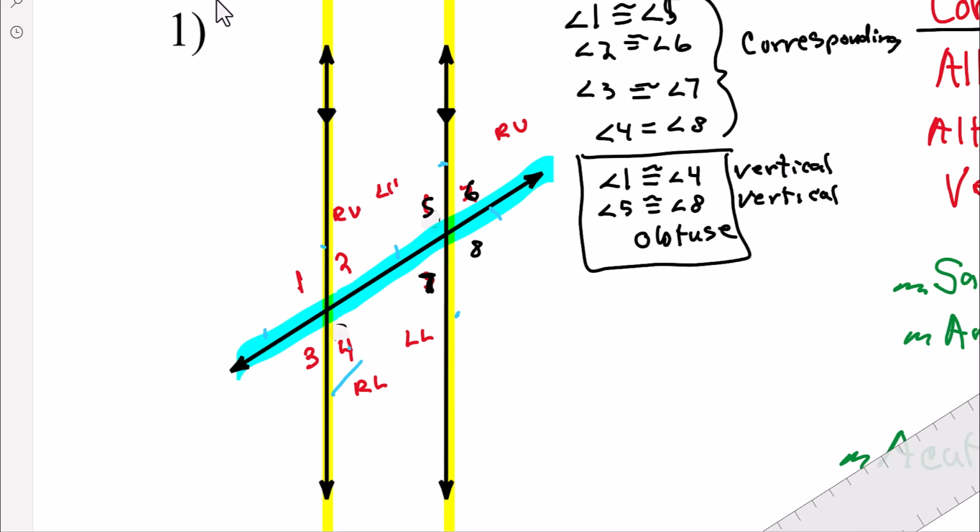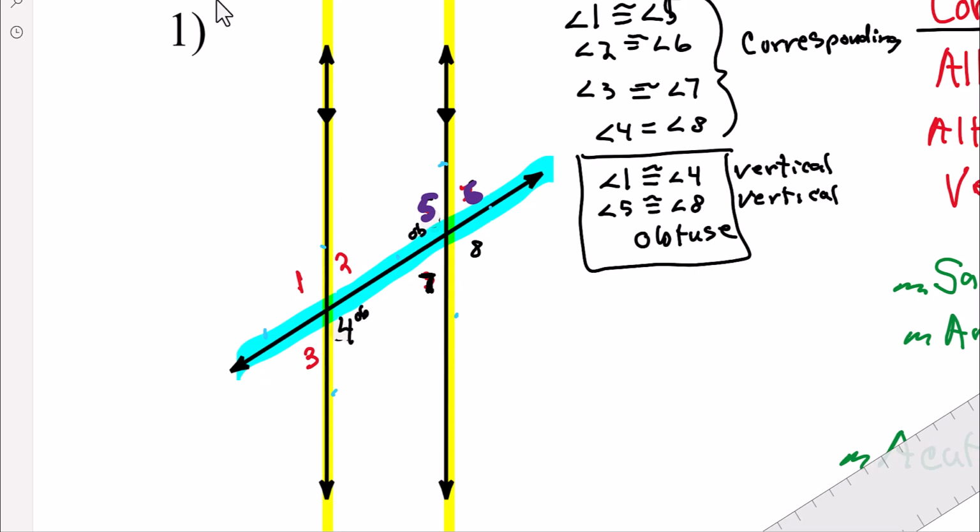Okay. Let's see if I can get rid of some of these. All right, so now, oh, I covered up this. It said angle A right there. All right, so now notice this angle right here, this is obtuse. Angle 5 is obtuse.